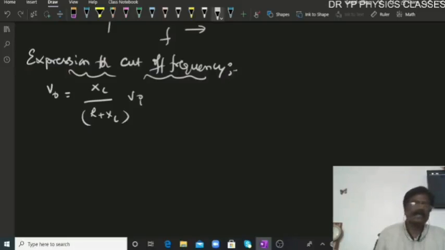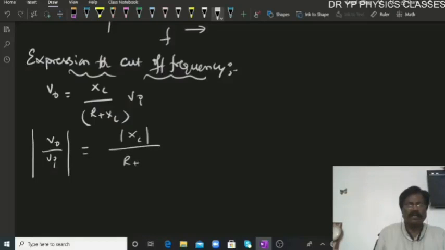This can also be written as V0 by Vi, taking the modulus of this: XC modulus divided by R plus XC modulus.